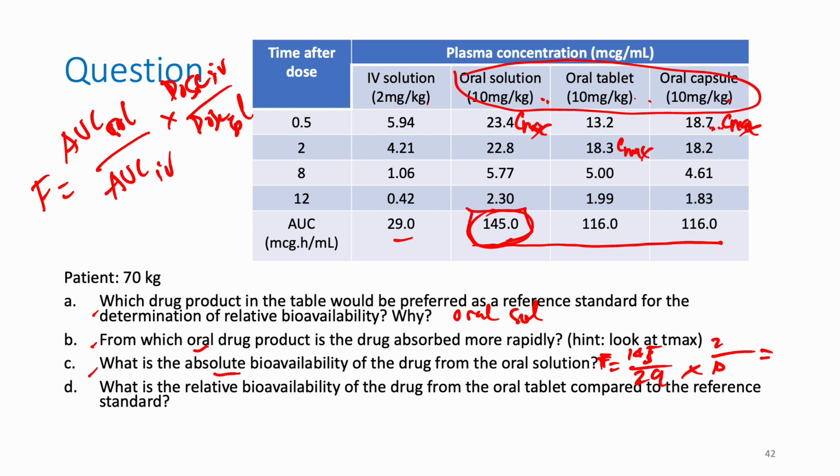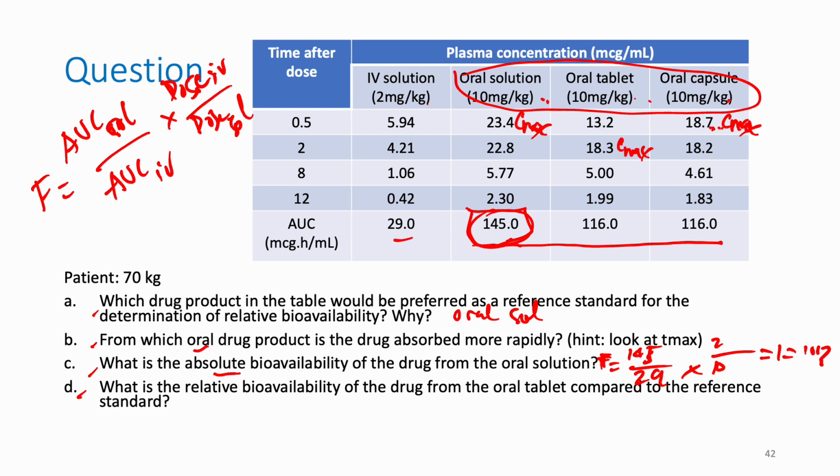So the F is equal to 1, or 100%. In this question, the absolute bioavailability of the drug from the oral solution is 100%, which means all of the drug is absorbed totally into the blood.